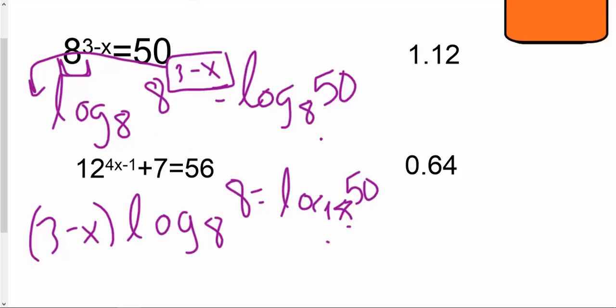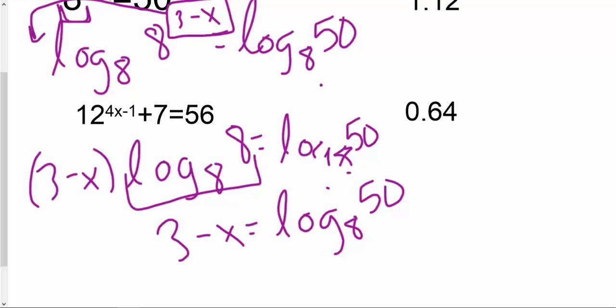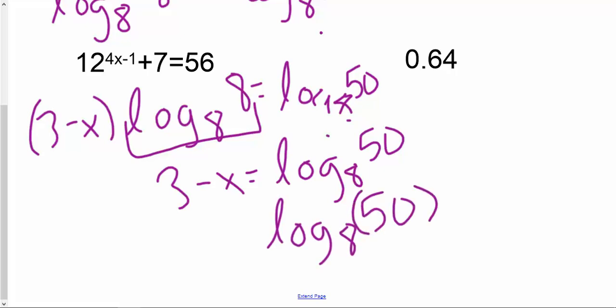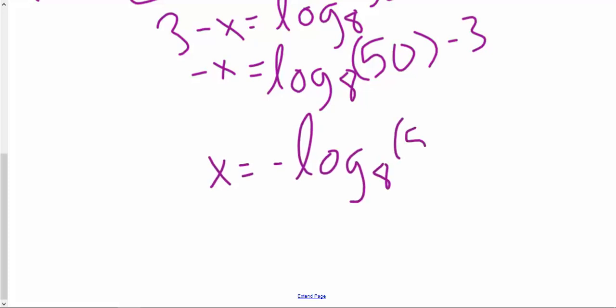All right, next, this will cancel, and we'll be left with 3 minus x equals log base 8 of 50. So now we're going to subtract 3 over: log base 8 of 50 minus 3 equals a negative x. And then we're just going to divide by that negative. So x will equal a negative log base 8 of 50 plus 3. And there you go.